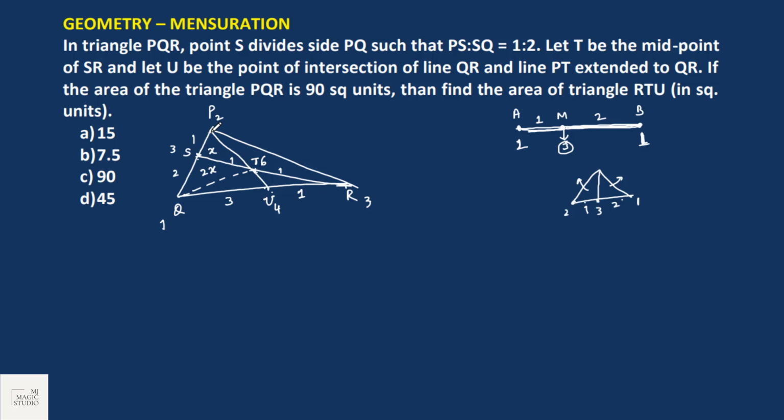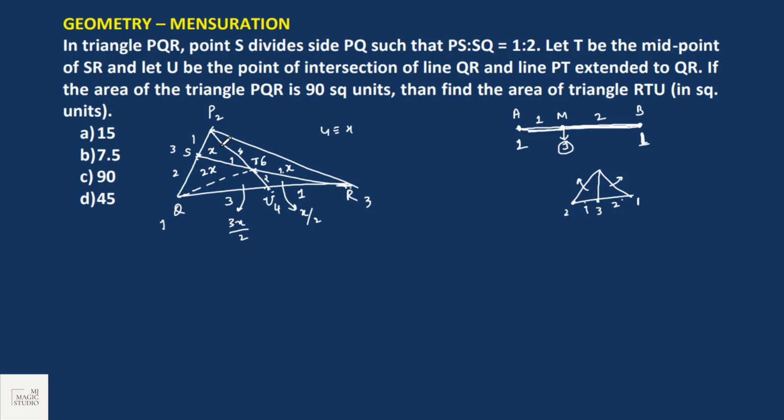That means if the area of PST is X, the area of PTR is also X. For the PUR triangle, this ratio is 4 is to 2. If 4 means X, then this 2 means X by 2. Area of triangle TUR is X by 2. Now the last one, QTR. Here the ratio should be 3 is to 1. If 1 means X by 2, 3 means 3X by 2.